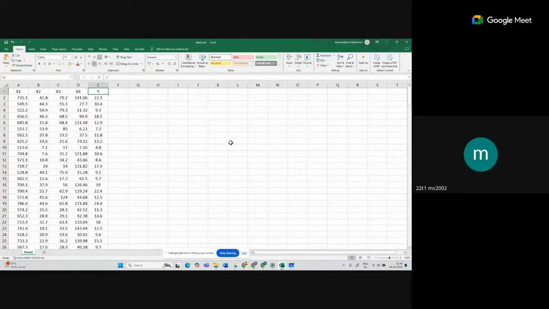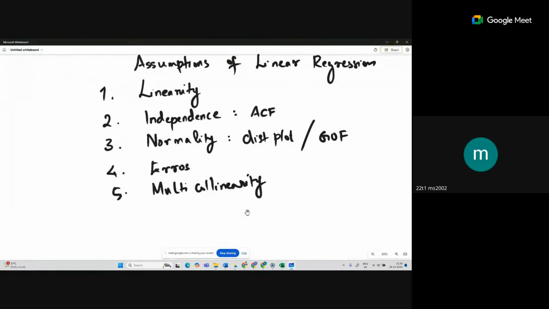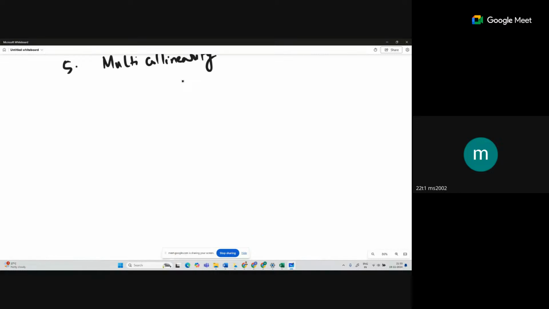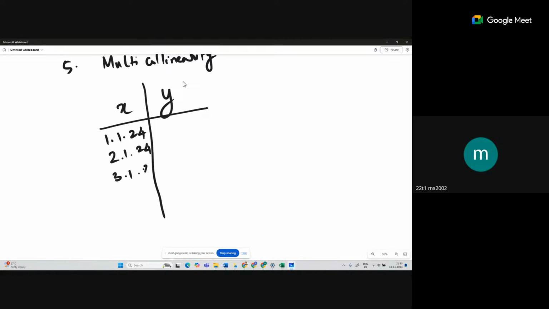Let's say you have a target variable y. Let's have x-axis as 1, 1, 24, 2, 1, 24, 3, 1, 24, and so on. Right? You have data collected over time.